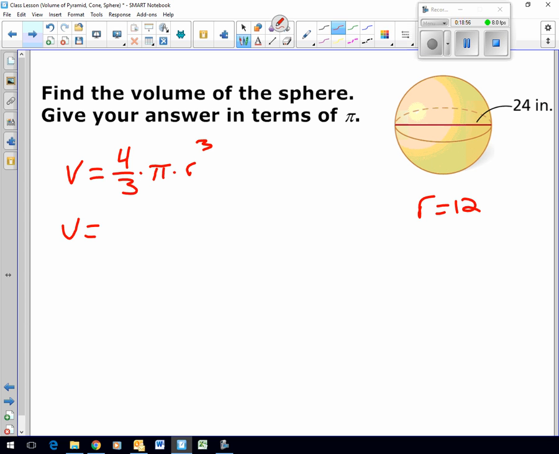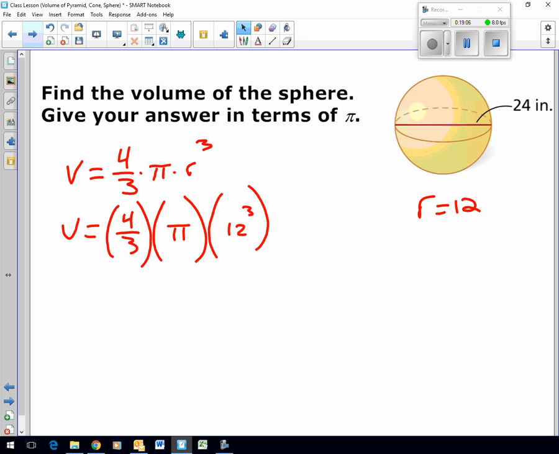Mr. Hobbs, is it as simple as putting 4/3 pi and then radius cubed into my calculator? Yes, it is. Okay? If you need to know how to find cubed, right next to x squared, you see a button on your calculator, and it says x, and it has a little box with it.